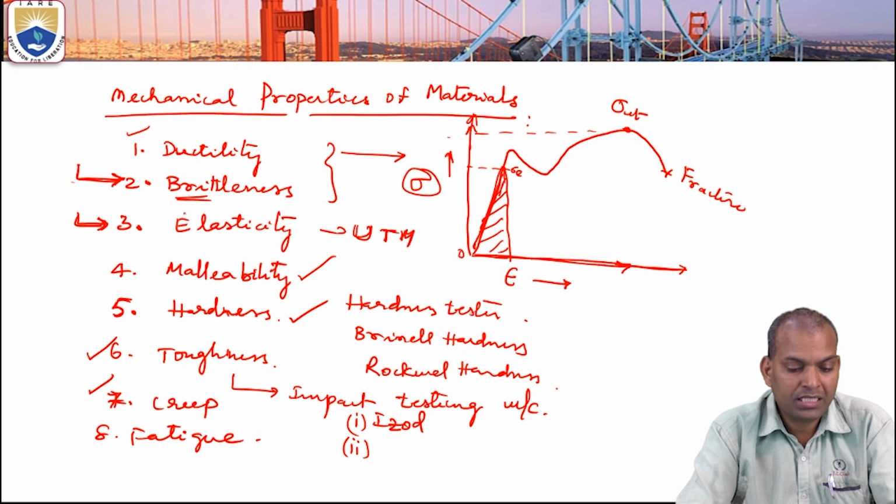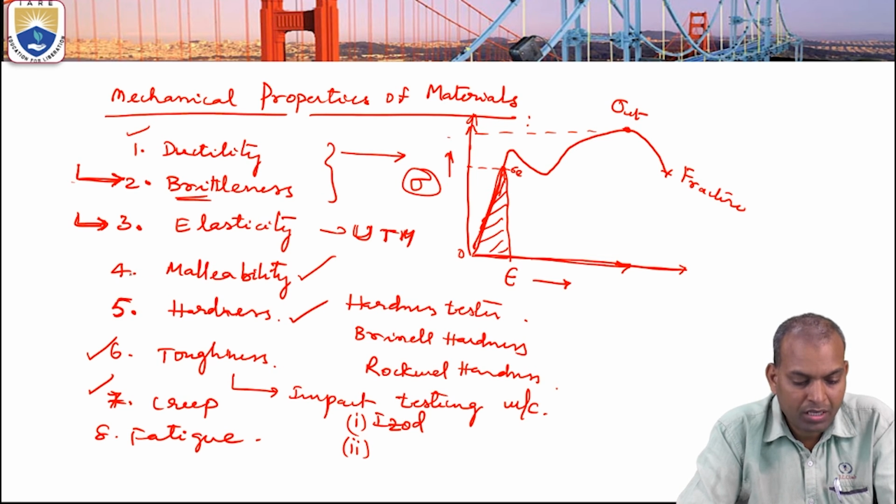Brittleness means immediate crack propagation. Cracks occur if the material is brittle when you apply a compressive load.